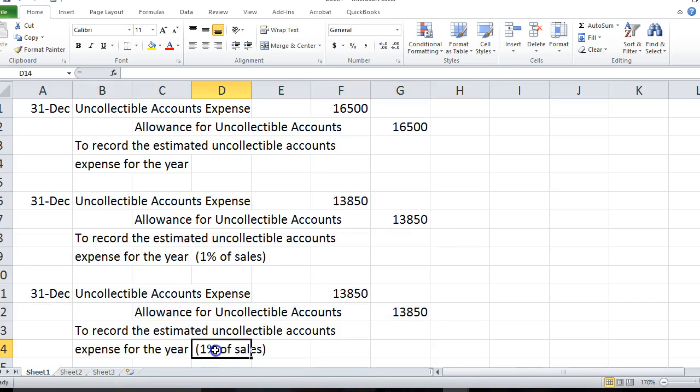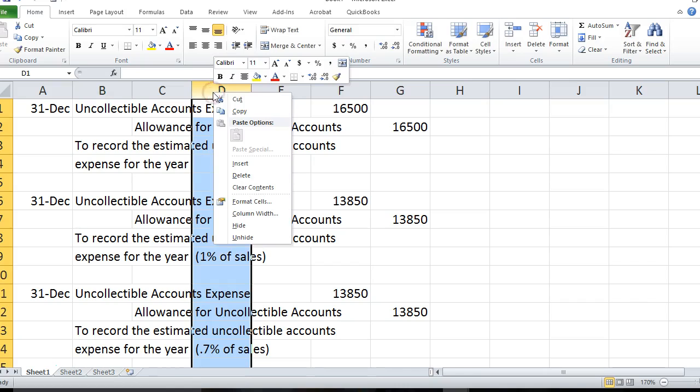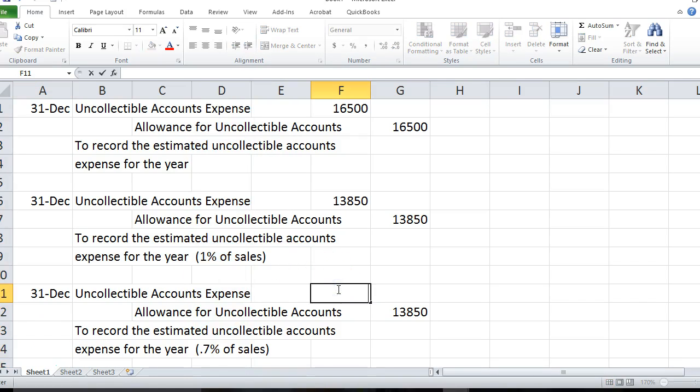But instead of 1% of sales, isn't it, what is it, 0.6? 0.7% of sales, okay? Then, so what was this amount now going to be? $106,050? $106,050. Right?